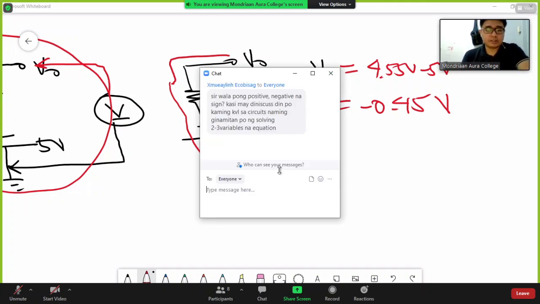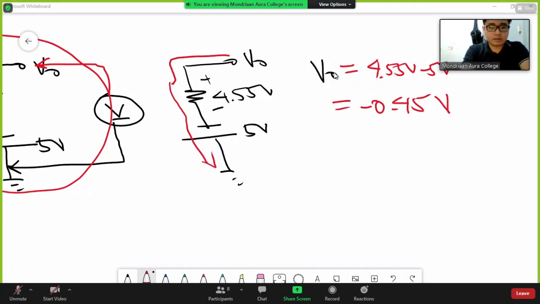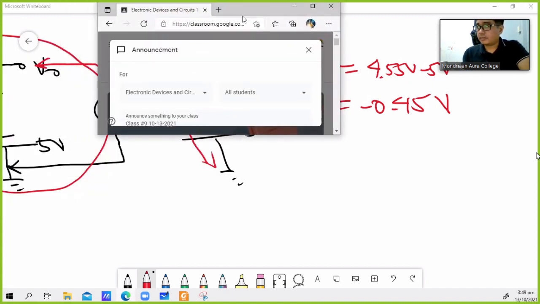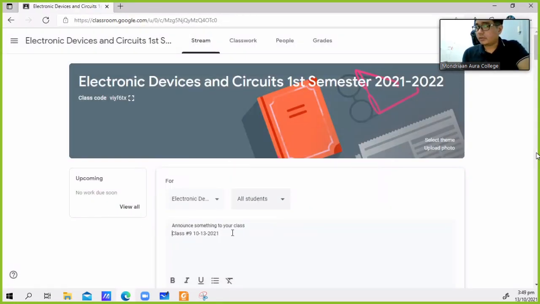Ano ba yun? Class number 9. Number 9. 10, 13, 20, 21. For transparency ulit. Okay, so we have, may questions.